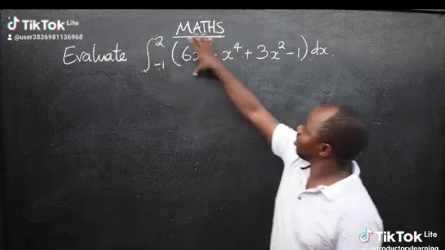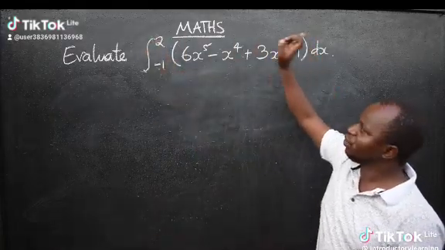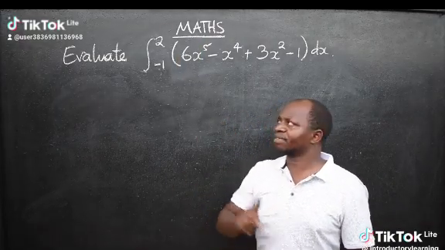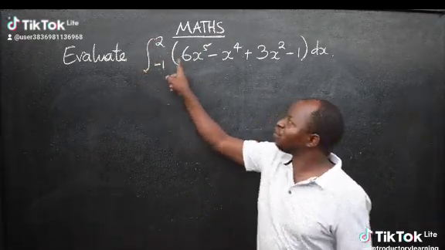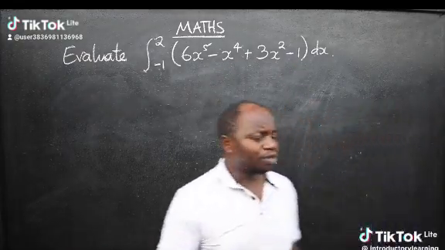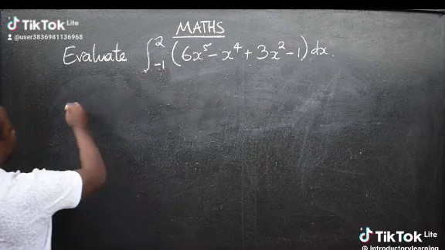To evaluate this here, you need to integrate first. That's the first thing. You need to integrate the given polynomial. So we're going to integrate, and this is the way we integrate.